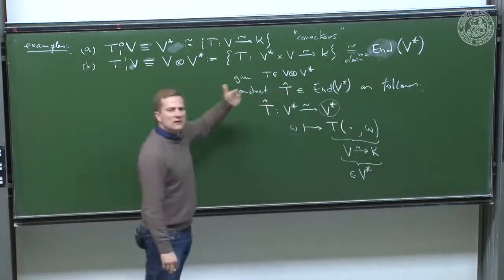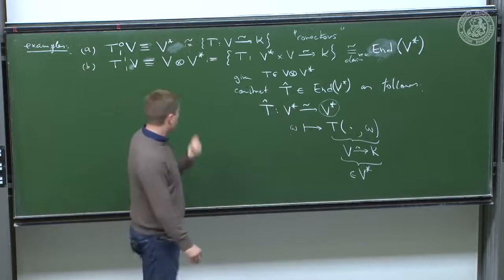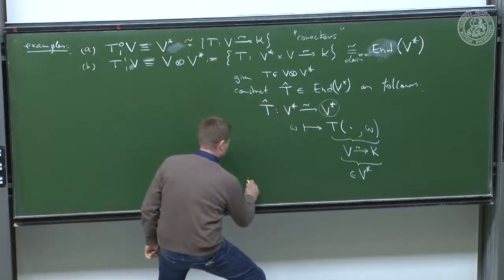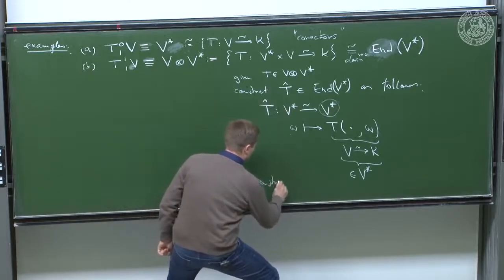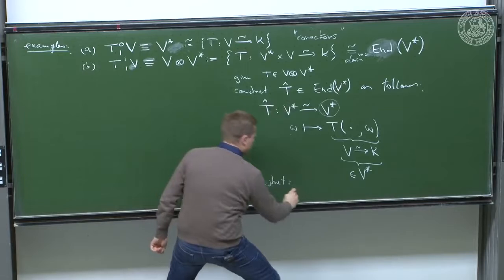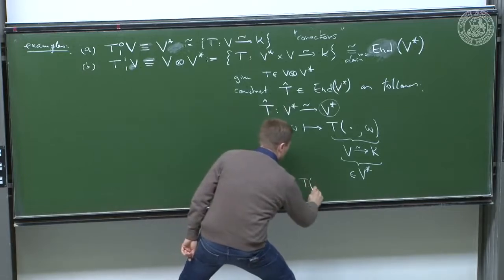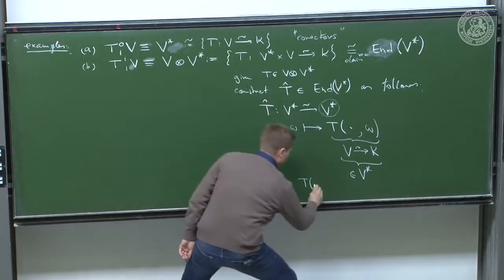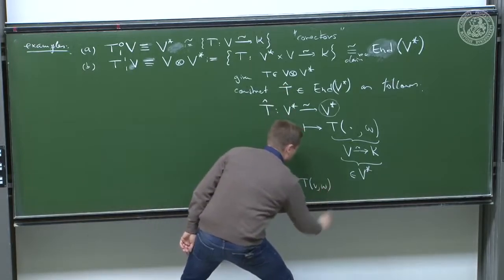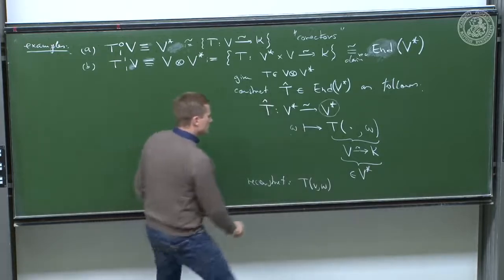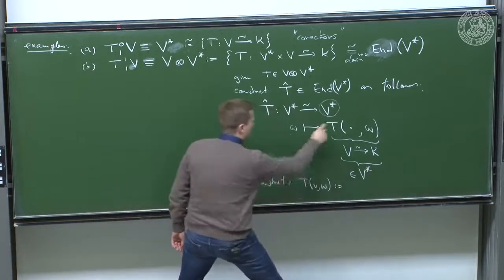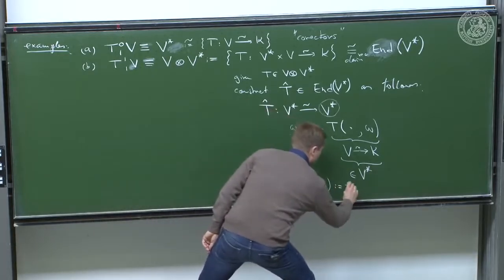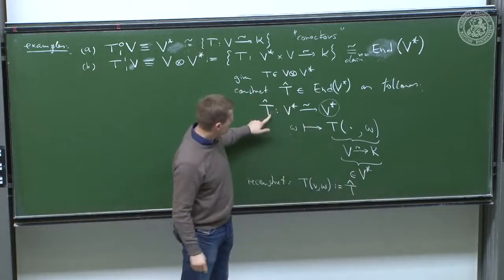The question is, do we lose information? No, we don't, because we can reconstruct the T up here. What is a T? I need to give you a V and an omega, and you reconstruct this simply by employing the T hat, which I just constructed.